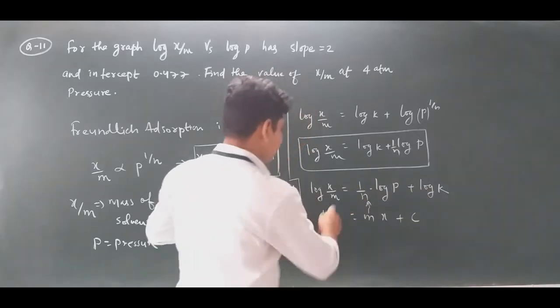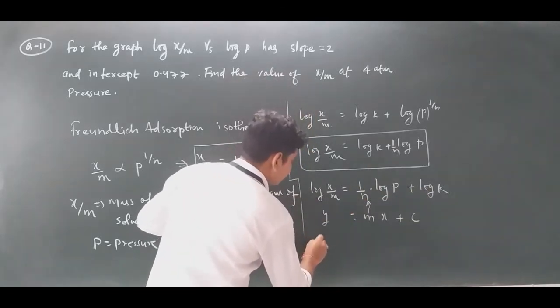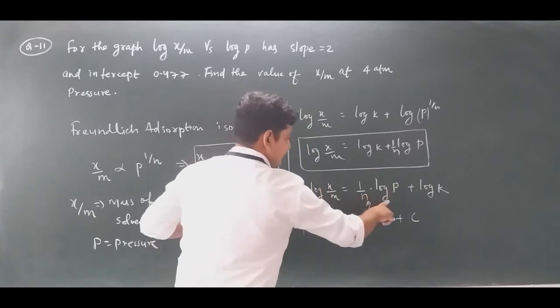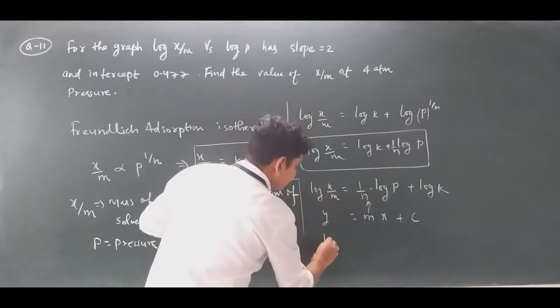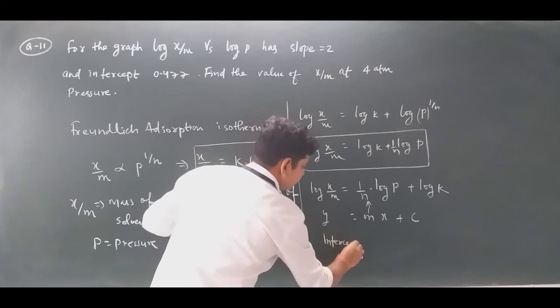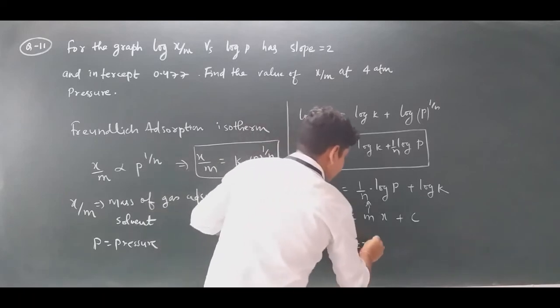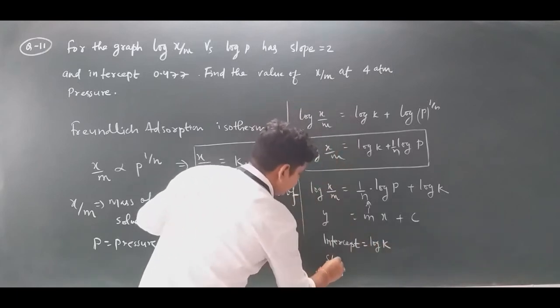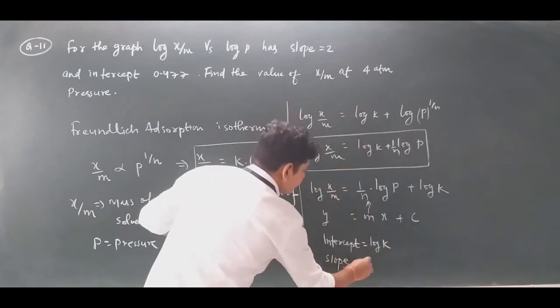According to this graph, along the y-axis is log x by m, along the x-axis is log p, the intercept is log k, and the slope is 1 by n.